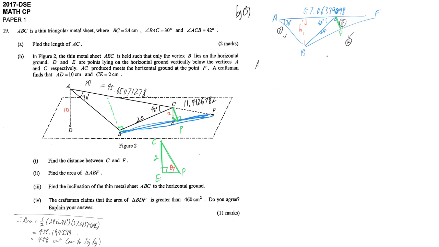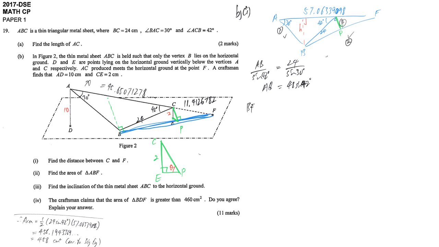First is about AB. AB divided by sine 42 degree is equal to 24 divided by sine 30 degree. After that, we are going to find out BF.